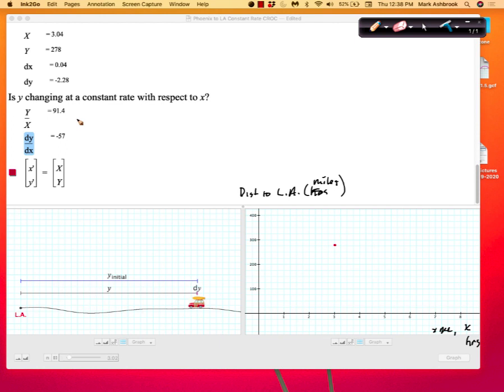so I said before that this is kind of similar to Y equals KX. Is that the test for constant rate of change? Why not? Because, okay, so X and Y would mean like one time to one distance.